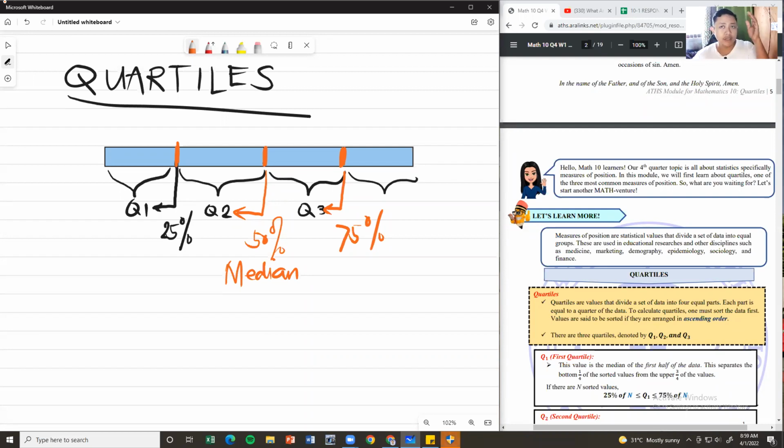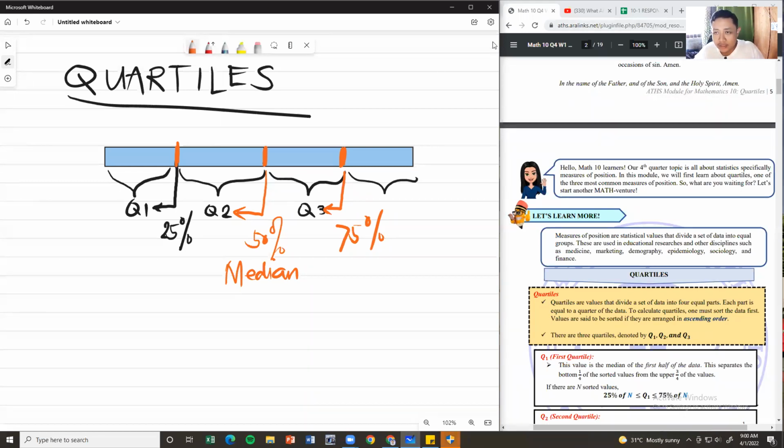When we say partition, these are the markings that will divide the range of the data per quartile. Okay? And so, when we say quartiles, that's what we mean.